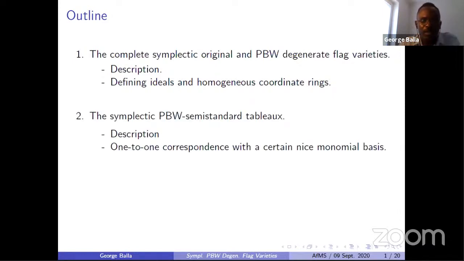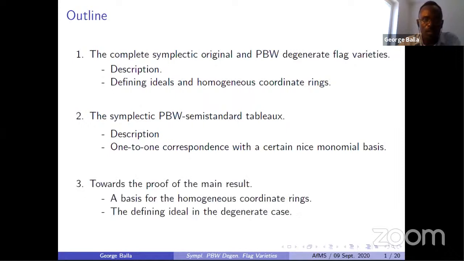In the second part, we shall introduce some combinatorial flavor. We shall describe the symplectic PBW-semistandard tableaux, mainly establishing the correspondence with a certain nice monomial basis, which will be useful in our talk. At the end, we shall move towards the proof of the main result.